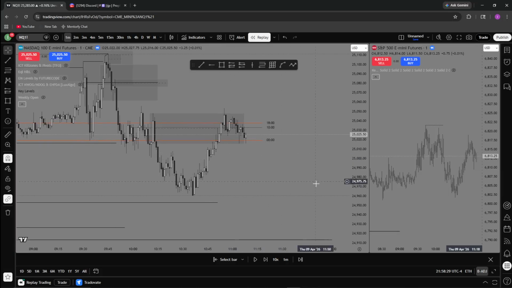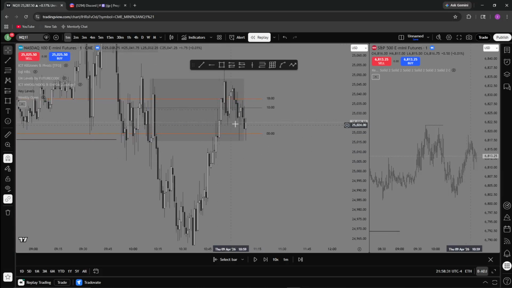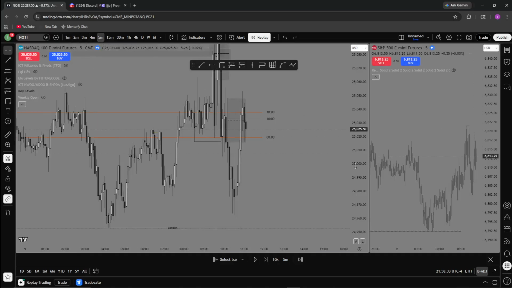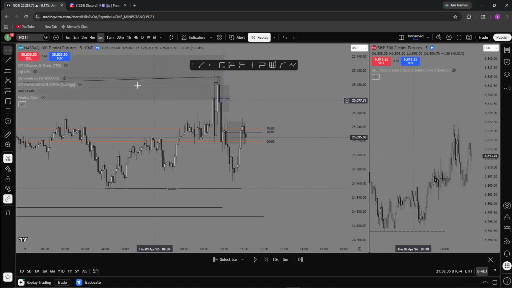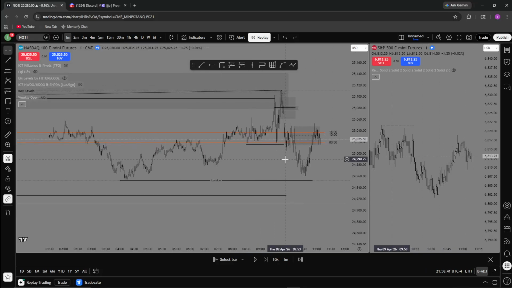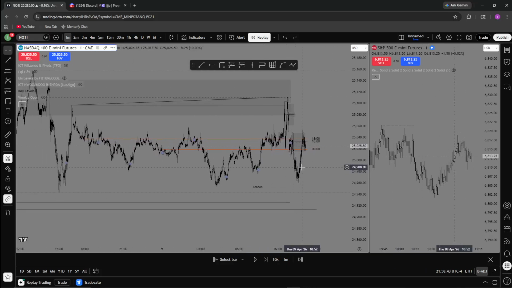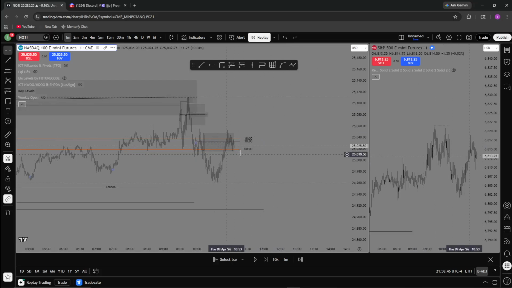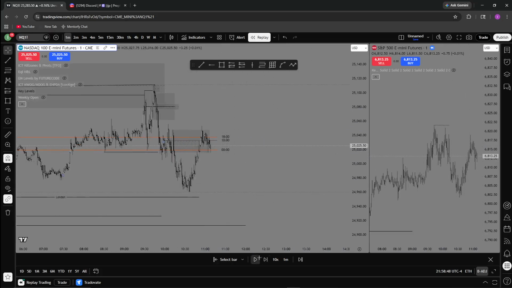But there was no entry trigger. I mean, I guess you could say this here, but not anything high quality, like 5 minute or more. And also it's not the best level either. Kind of forced, trying to chase, honestly.